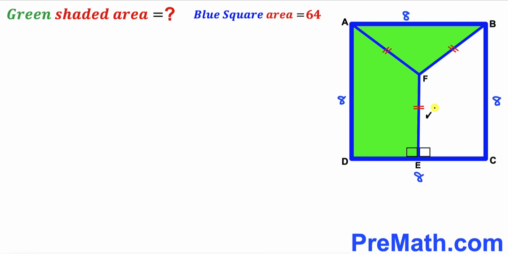We know all these three segments are equal in length. If I label this length as lowercase a, then this length is going to be lowercase a and lowercase a as well. Now we are going to focus on this triangle ABF.